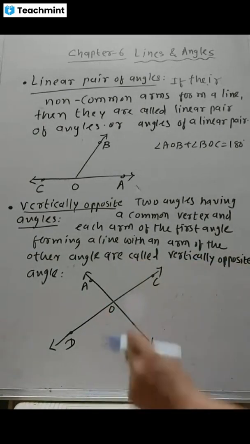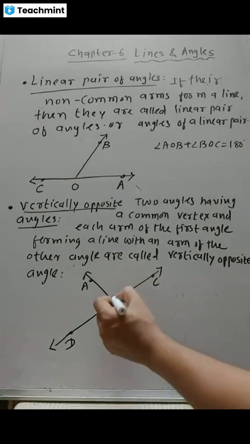These are called vertically opposite angles.